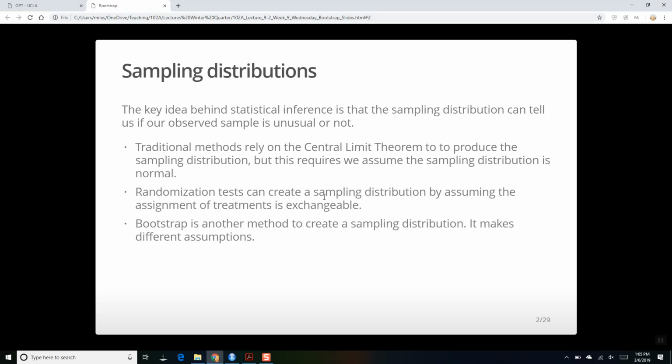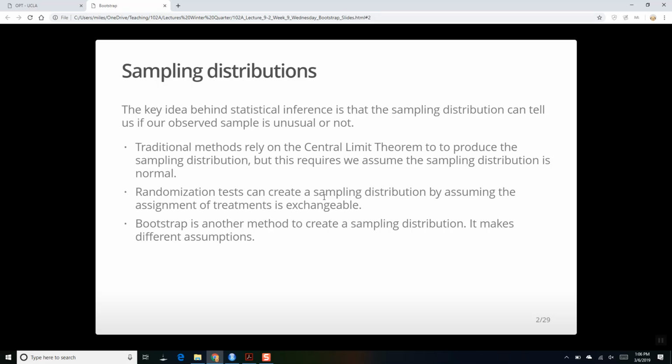Today we're going to learn Bootstrap, which is just another way to create a sampling distribution. It's just that the assumptions we make in Bootstrap are going to be different from the assumptions we make in randomization tests. In statistics, it's unavoidable that you have to make assumptions.